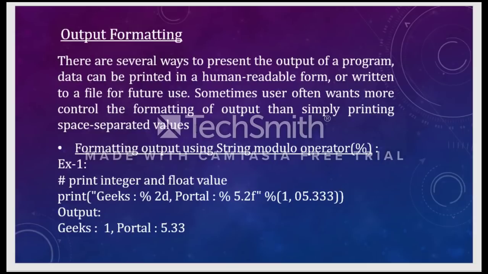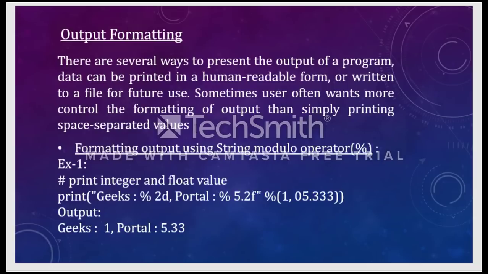I am writing a print statement, and in double quotations I am giving "geeks", colon, percentage 2d, which I'll explain shortly, comma, then a string called "portal", then a colon, and again percentage 5.2f. Then we end that statement.